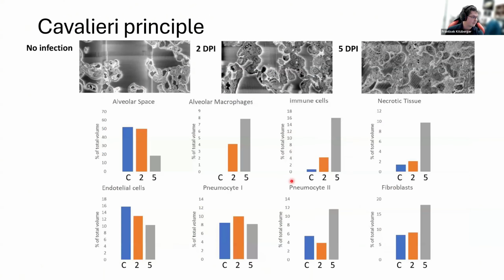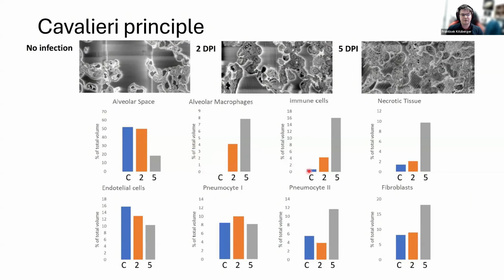How does it look in the very end? For example, we have the data set with no infection, data set 2 days post-infection, data set 5 days post-infection with COVID-19. And you can see that the alveolar space is decreasing from the control non-infection to the 5 days. Also, the count or the volume of the alveolar macrophages is increasing.